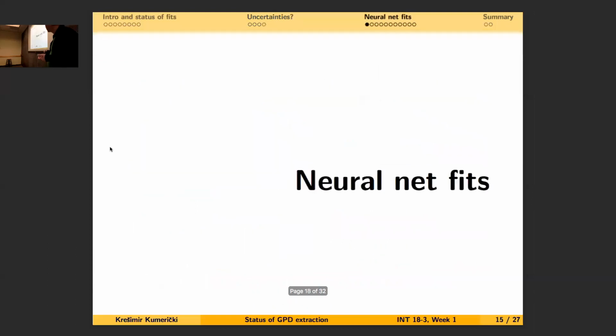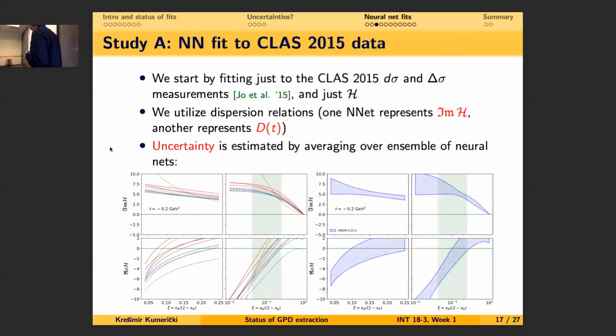For example, in the studies that we did, the only bias we introduced is that we force it to be zero at the endpoint. This is something that people who do PDF fits also do. It is possible to do in an unbiased way. For example, you can say that introducing dispersion relations and forcing the fit to obey them is introducing a bias. However, if you have some physics that you really trust, like dispersion relations, you can introduce that.